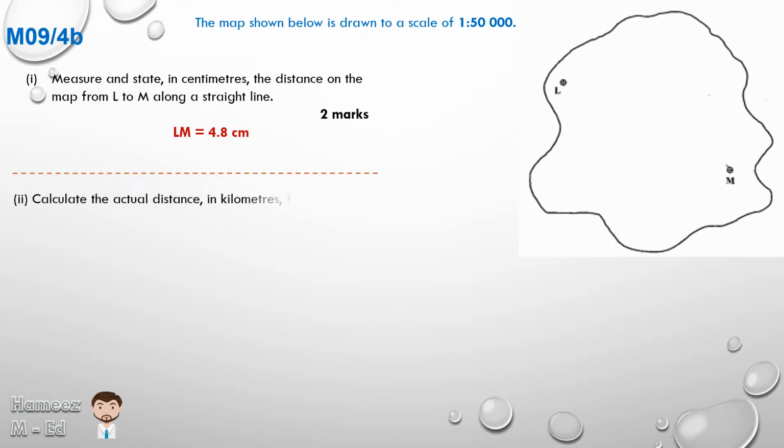In part 2, calculate the actual distance in kilometers from L to M. So let's recall that 1 centimeter on the map is equal to 50,000 centimeters in the actual distance, and that is because the scale is 1 to 50,000. Now let's convert it because we want our answer in kilometers.